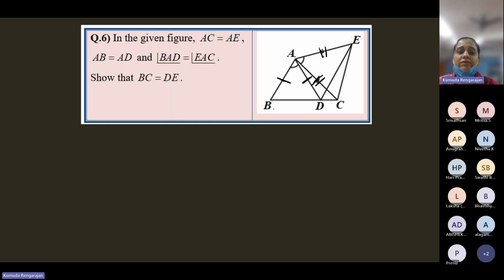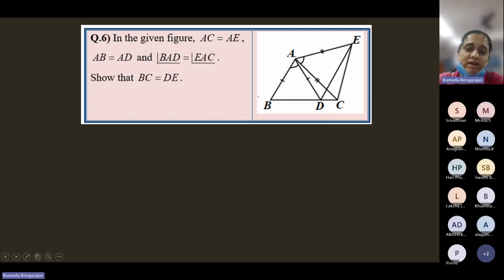Okay. And then BAD, this angle is equal to EAC, this angle. Okay, so there's a little gap here. Now show that BC is equal to DE.